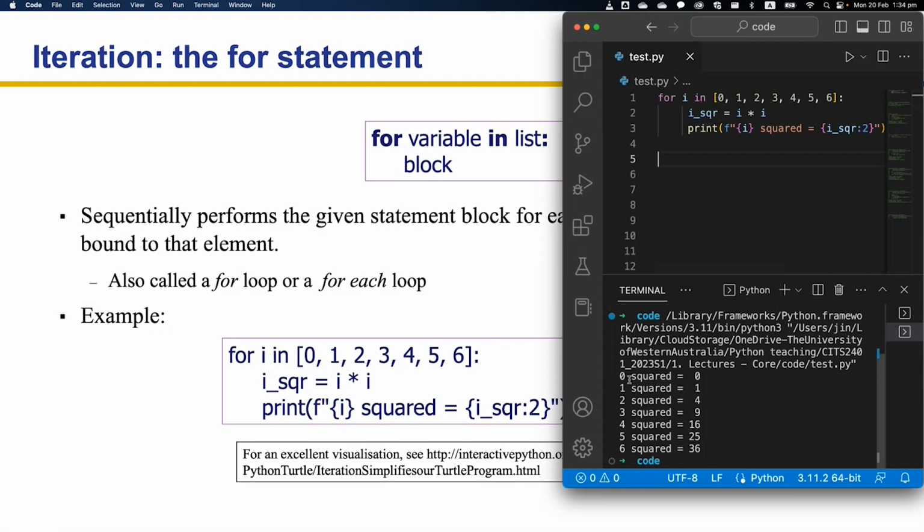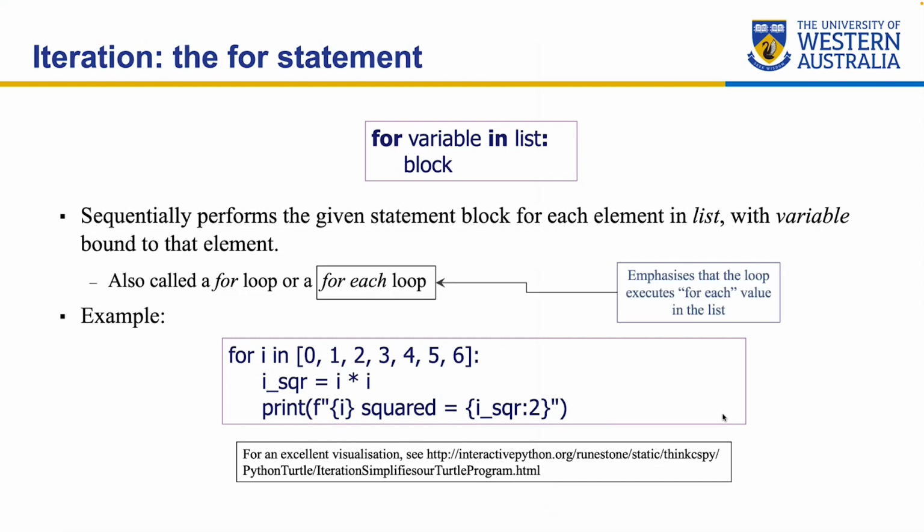You can see that 0 squared is 0, 1 squared is 1, and all the way to 6. That's very simple code, but with just a few lines of code, we are able to calculate the squared value of a given variable i. If you need to do a repetitive task for a large number of variables, you can see quickly that for loops are very useful.